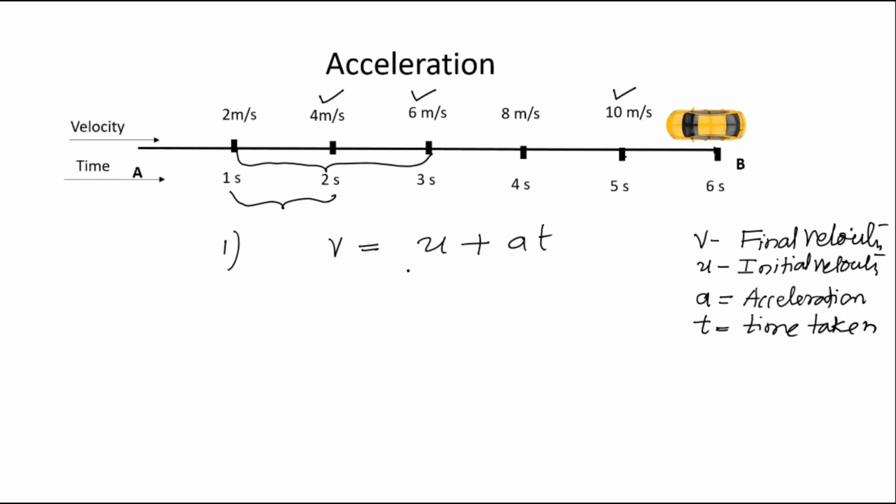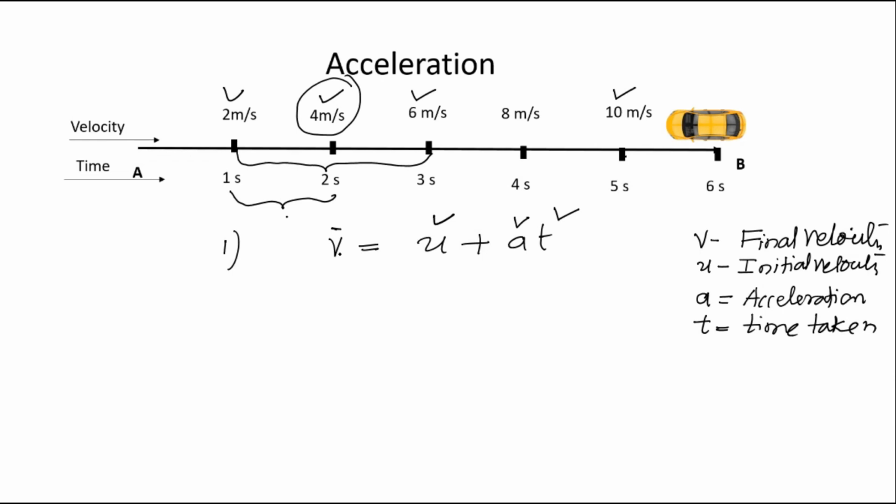Now where can we use this equation? Sometimes they will not give you this number, 4 meters per second. So the final velocity is not given, right? But they'll give you time. Time is given. Acceleration they will tell you. Initial velocity they will give you.